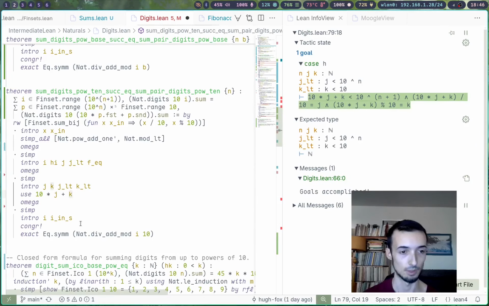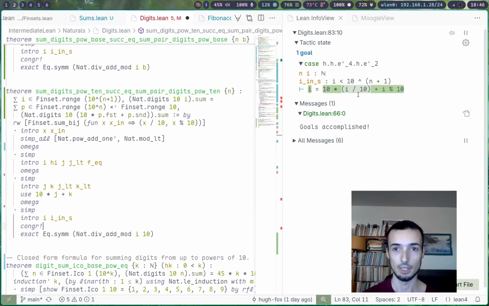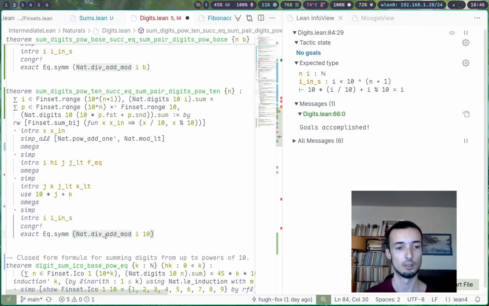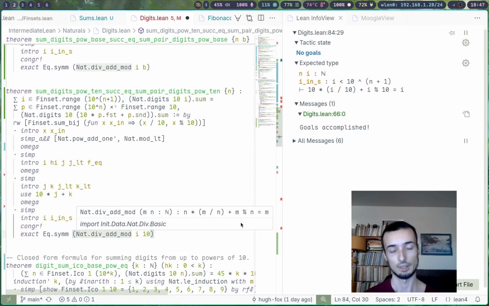It's the same thing. In the last one, we just proved something that is a very basic building block of working with digits and division and modulo, which is the standard library's div add mod, which says that any number is equal to some number times itself divided by n plus the number modulo n.